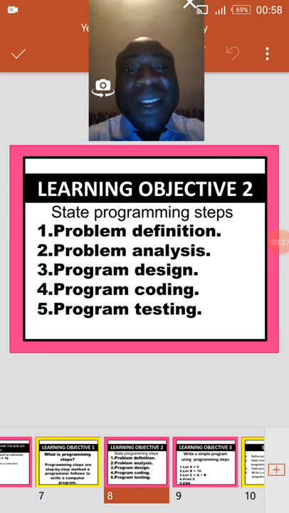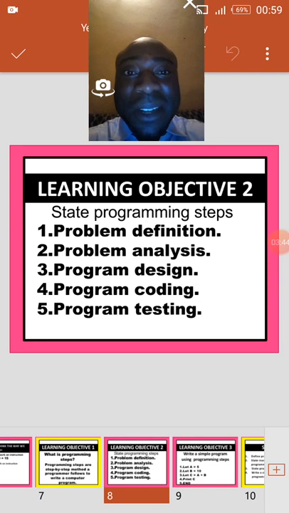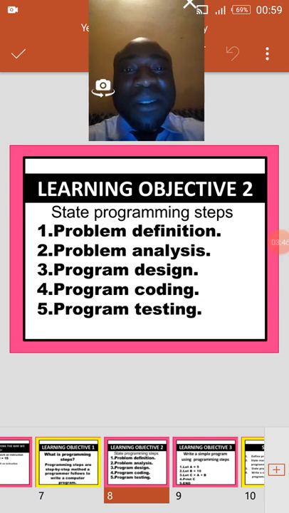Now let's look at stating programming steps. The following are the programming steps a programmer follows before he can write instruction for the computer. 1. Problem definition. Can we say that together? 2. Problem analysis. 3. Program design. 4.